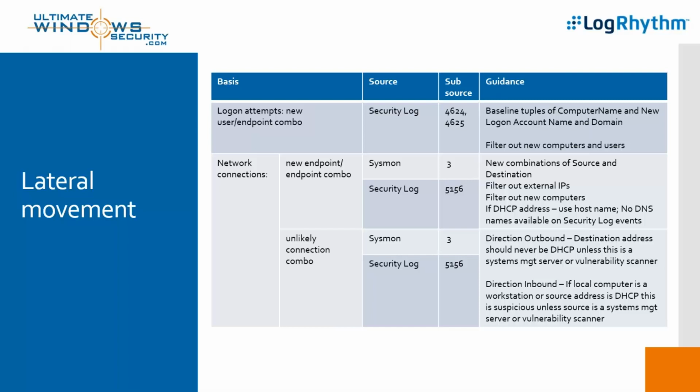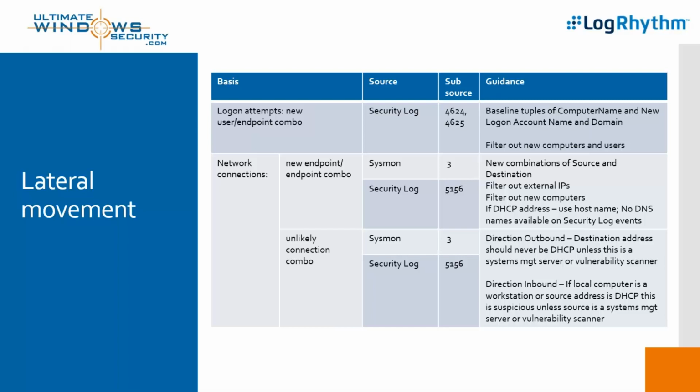We can do the same thing with network connections. One of them would be a new endpoint and a new endpoint communicating with each other over TCP. What would we use for this? Either Sysmon event number 3 or the security log event ID 5156, which comes from the firewall. And we're looking for new combinations of source and destination. Now, we want to filter out external IPs because in this case, we're just trying to track that this endpoint has been infected by bad guy software.